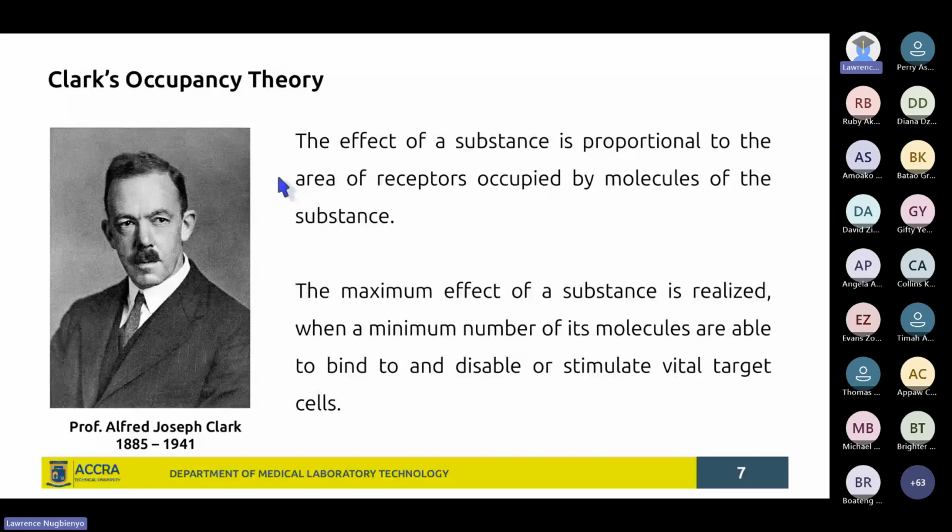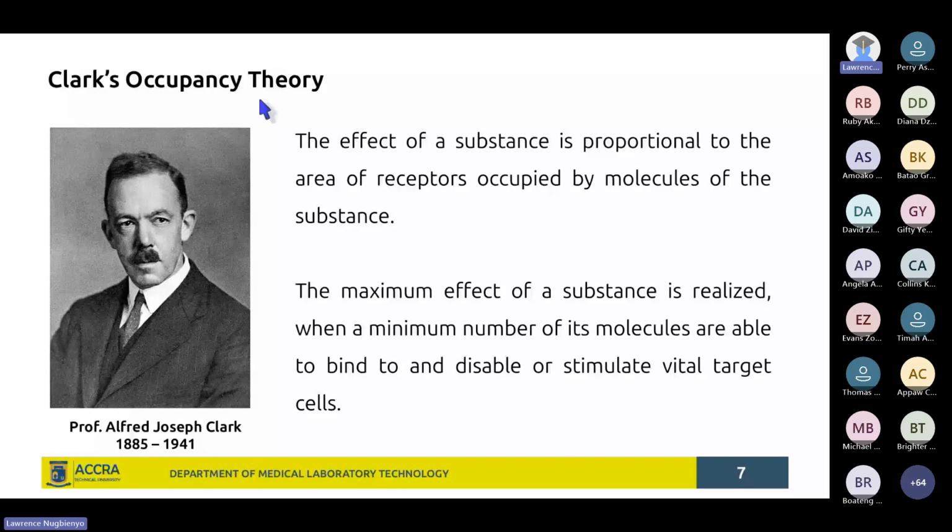He was the first who tried to quantify drug response and drug receptor interactions, which sometimes you see being referred to as Clark's occupancy theory, and sometimes as the receptor theory.